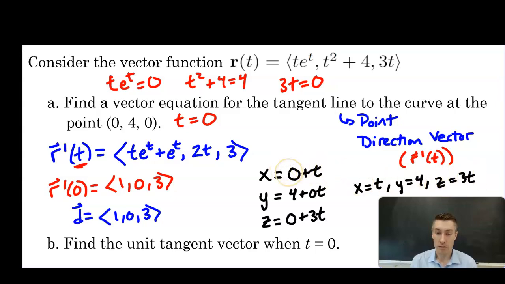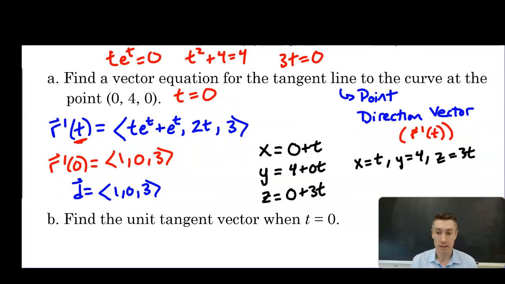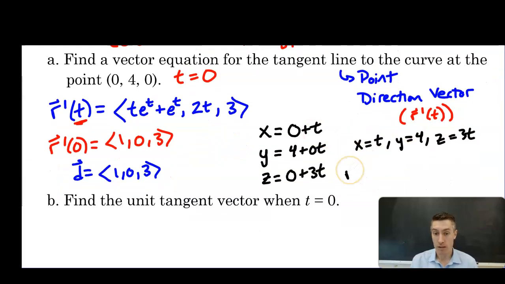But this is just a reminder of what the different components of writing a line look like. And then it says vector equation, so I wasn't paying attention. Really what your answer should look like is r of t equals ⟨t, 4, 3t⟩. I had written them parametrically. We take those parametric equations and write our vector function for the line.